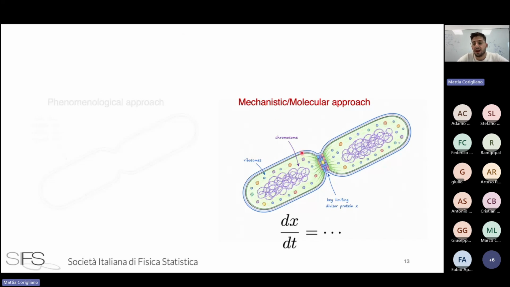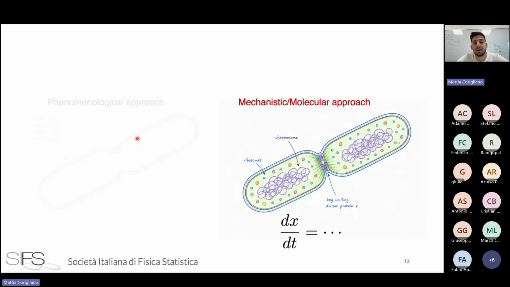So one might want to define a dynamical equation for these ingredients and then connect their dynamics with the phenomenological pattern that we just discussed. So while the phenomenological process has been largely investigated in the literature, these kinds of molecular approaches are less investigated, both theoretically and experimentally.